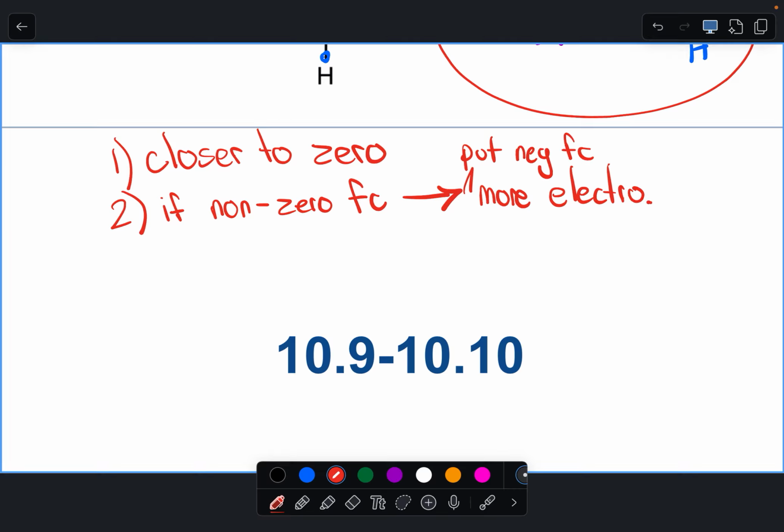Or another way of saying that would be positive on the less electronegative atom. And you can always look those numbers up on the exam equation sheet. There is definitely a trend based on starting with fluorine and moving away from it. But if you just need actual numbers, you can always look on there.